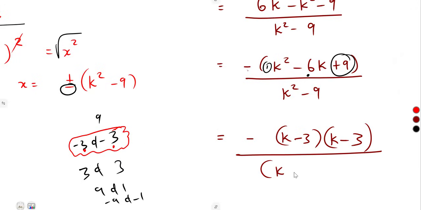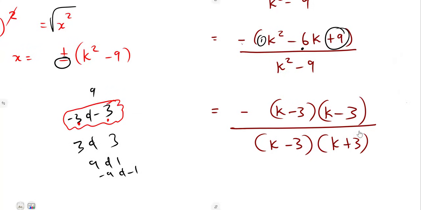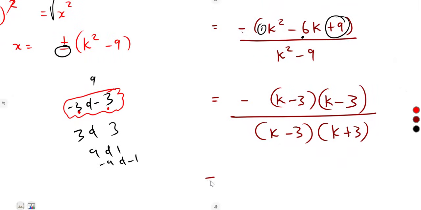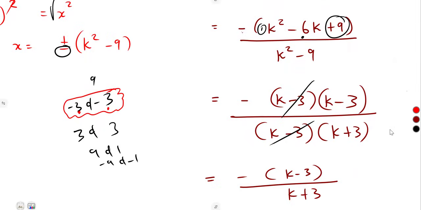Square root of 9 is 3. One subtracts, another bracket adds these square roots that we have. So this was going to be simplified further. k minus 3 cancels. So you'll be left with a negative k minus 3 over what? k plus 3. Just like that.